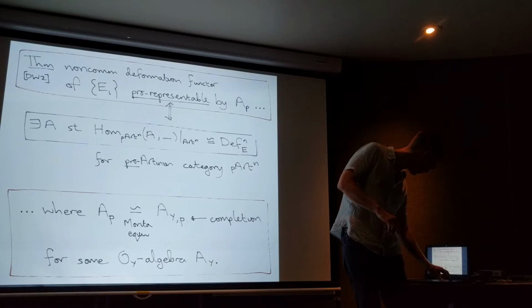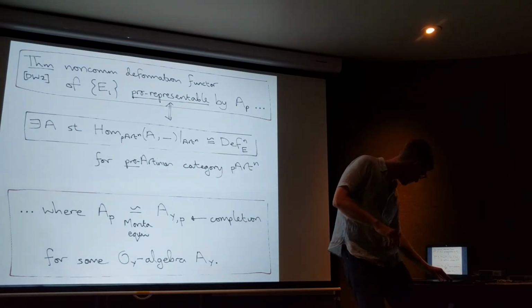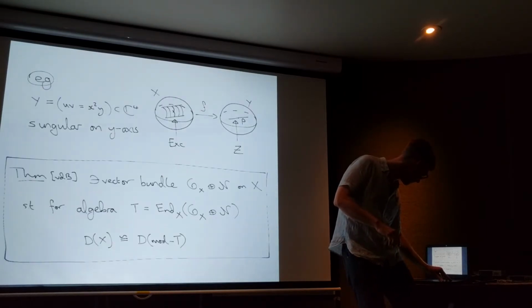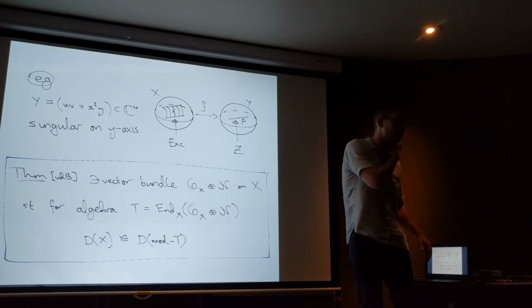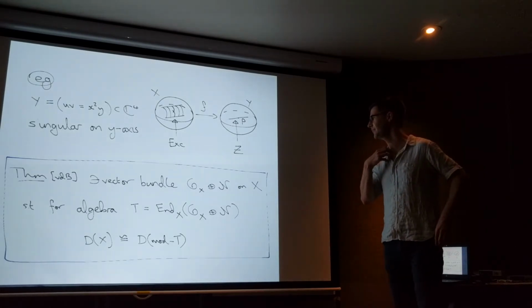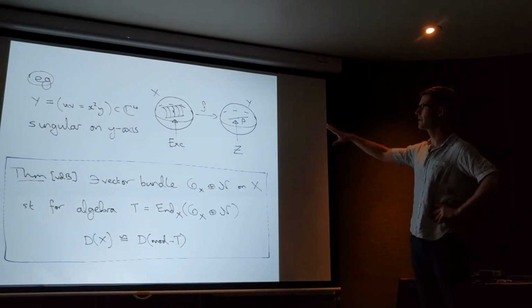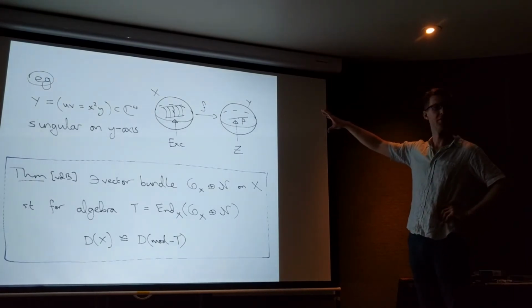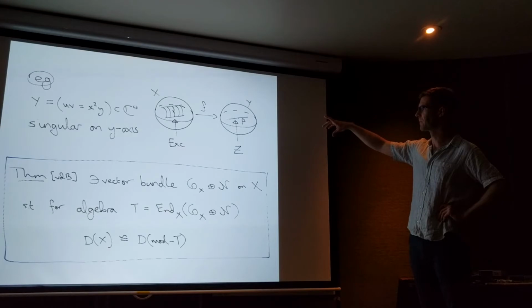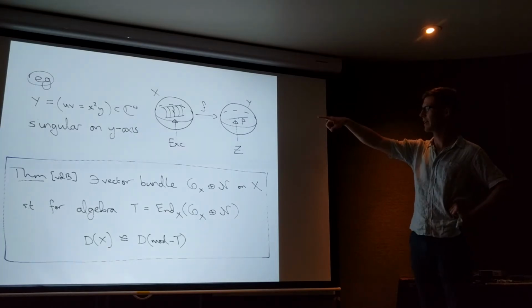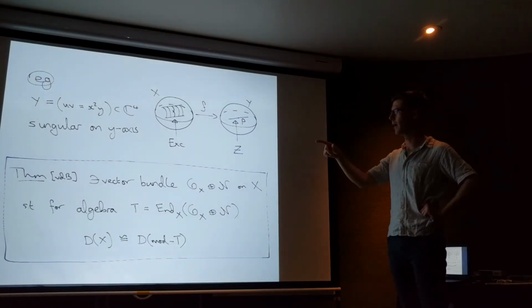So I forget, where do we go next? Right, so now I'll define that A. This is the example that I was talking about before. So take this singularity uv equals x squared y.